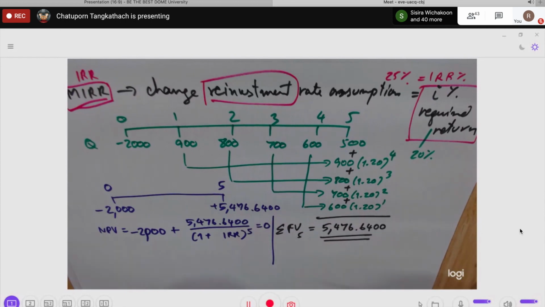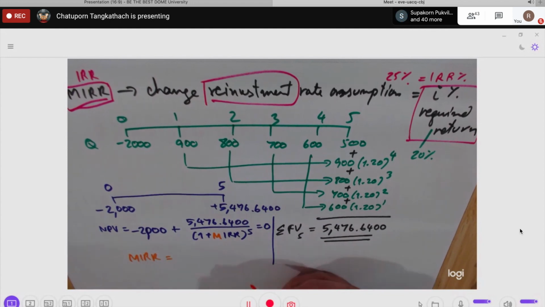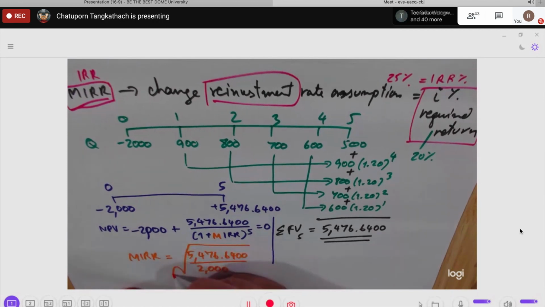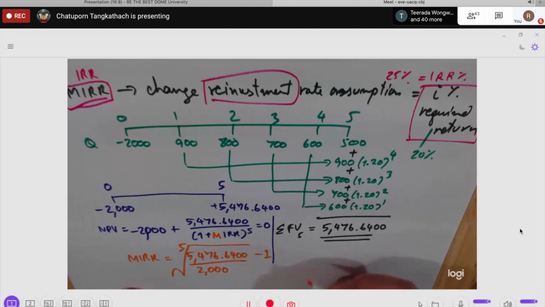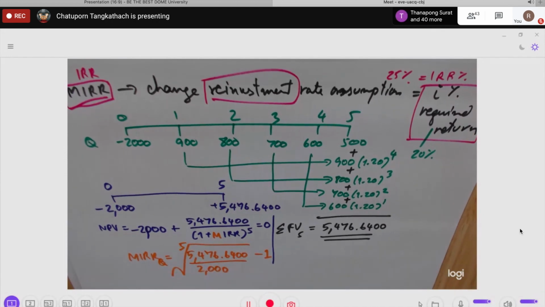This is the new IRR, so we call it MIRR. For this one we can actually solve manually: MIRR equals 5476.64 divided by 2000, take the fifth root, minus 1. So we get the answer, and this is the new IRR, so we call it MIRR. This is MIRR for project Q.